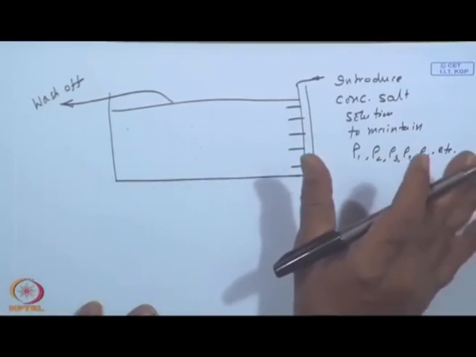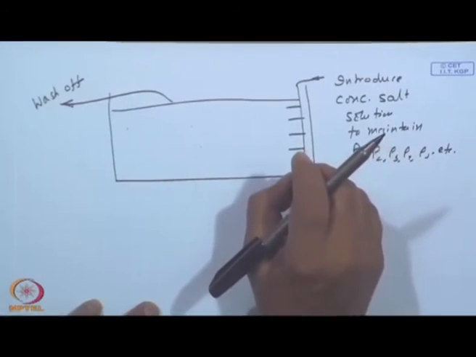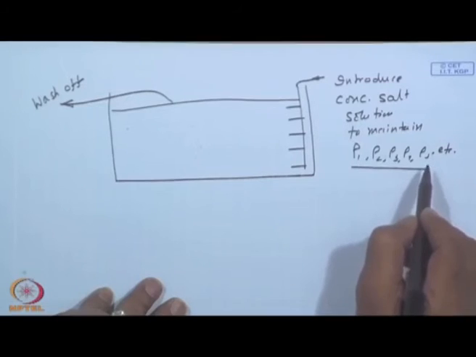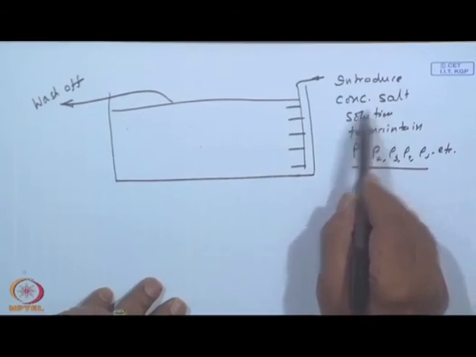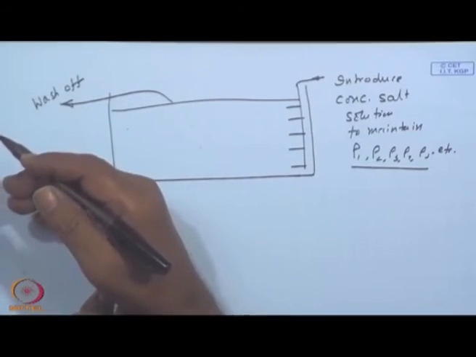So, this is the method in which you build a solar pond: you introduce a layer of water with a certain concentration of the salt, you let it get heated, then another layer, then another layer, and they are maintained by continuously introducing concentrated salt solution and the top layer being removed or replaced with fresh water.